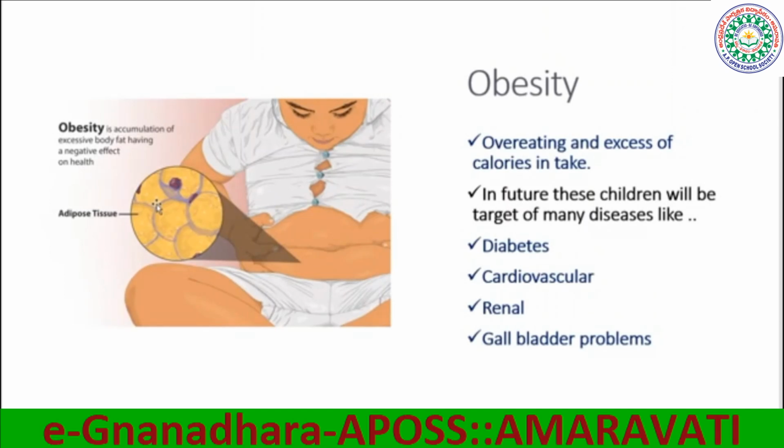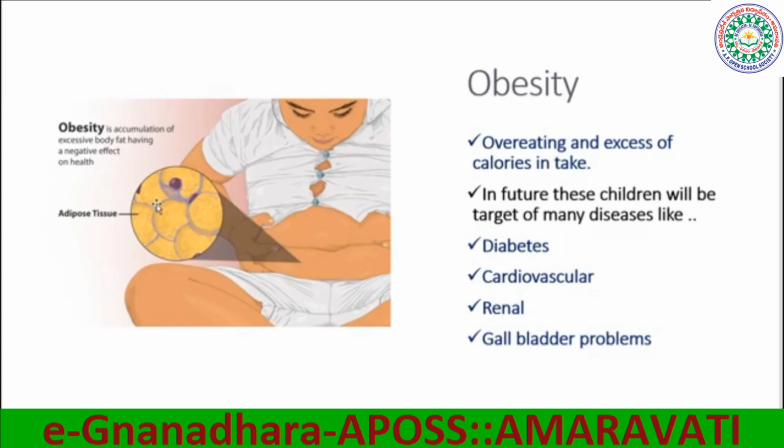So overeating or excess calorie intake leads to obesity. In future, these obese children may be prone to many diseases because of that fat deposition in the blood vessels that leads to heart problems, diabetes problems, cardiovascular problems.